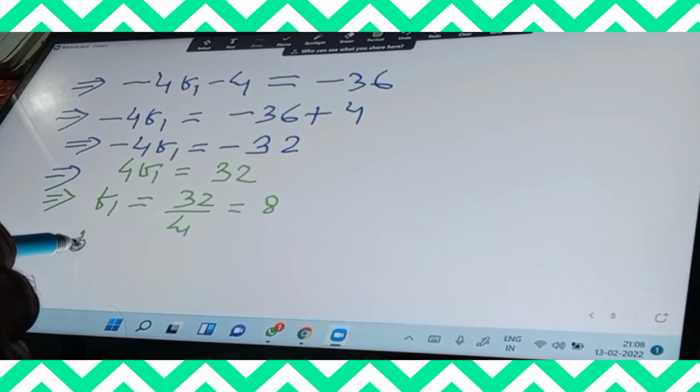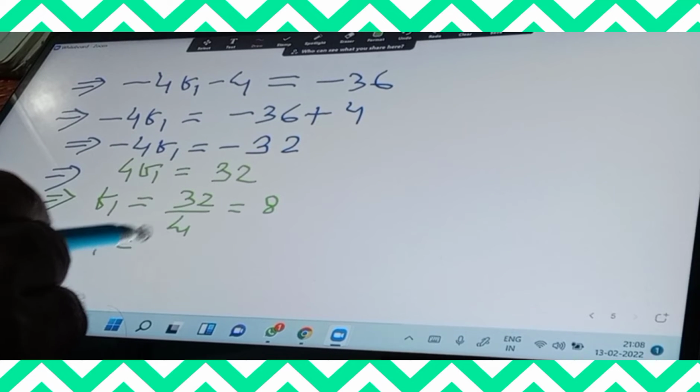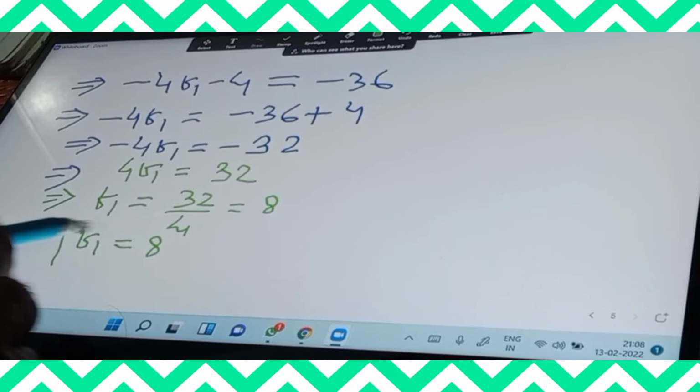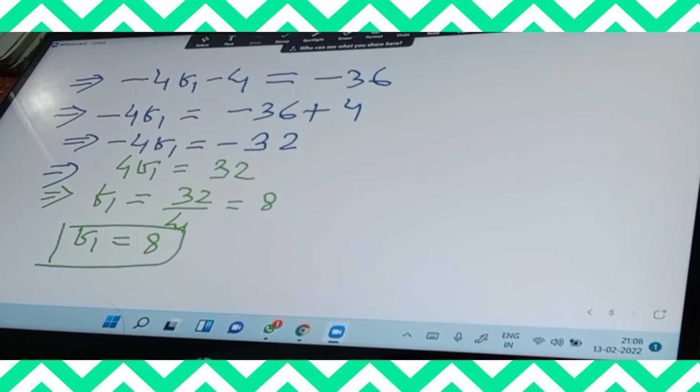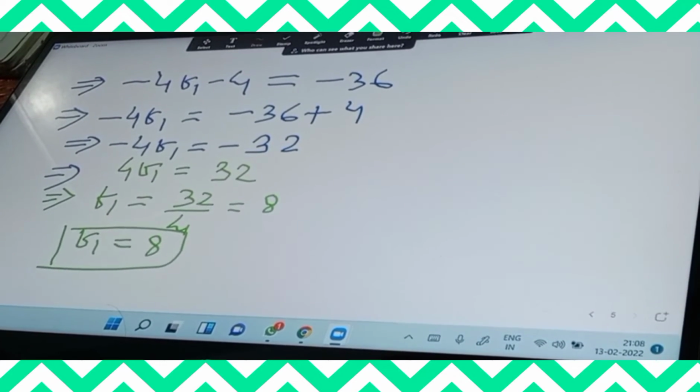So f1 is equal to 8. This is the frequency f1 we got. Is it clear?